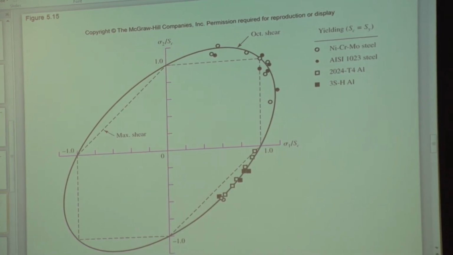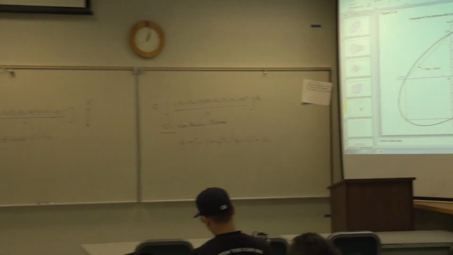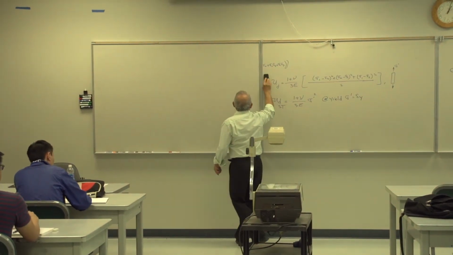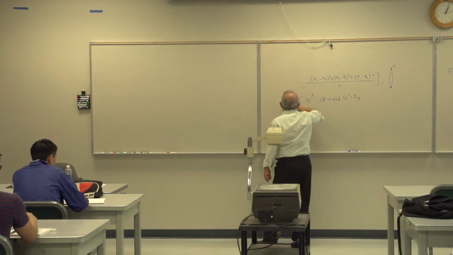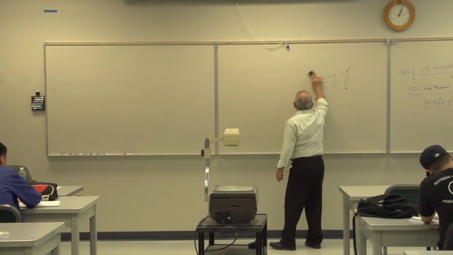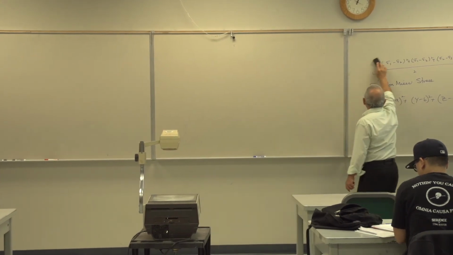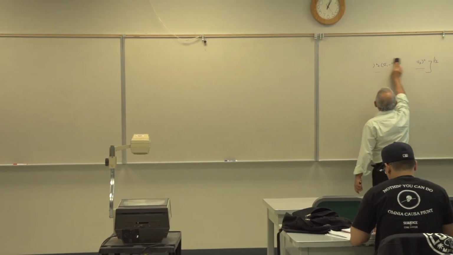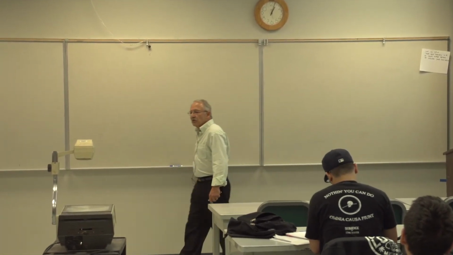Insofar as brittle materials are concerned, there's a lot of difference between failure of ductile materials and that of brittle materials. So how does a brittle material fail?